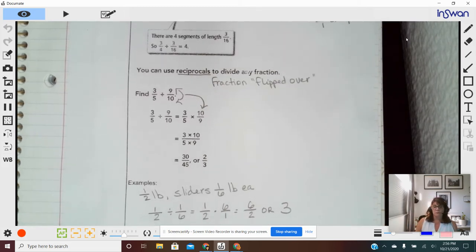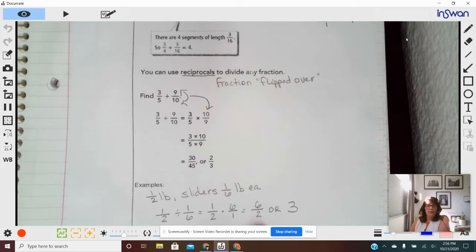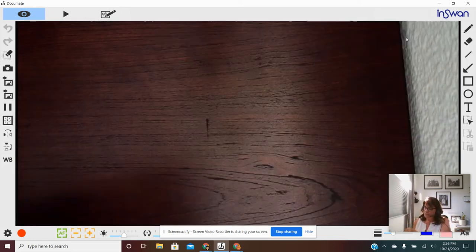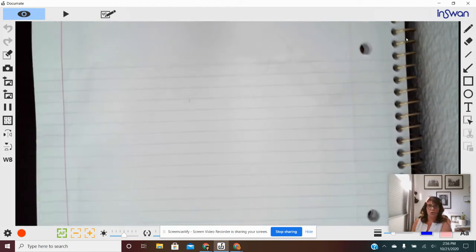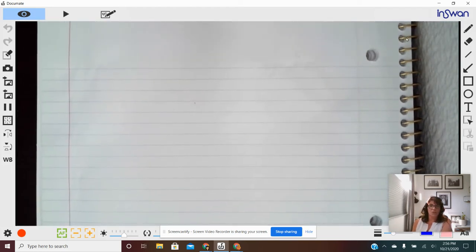And when we think about it like that, if we're taking an object and we're splitting it into a certain size or into a certain number of things, it really helps with the concept of division in our brains. Another example, and this one's going to require a drawing, so I'm giving more space here.